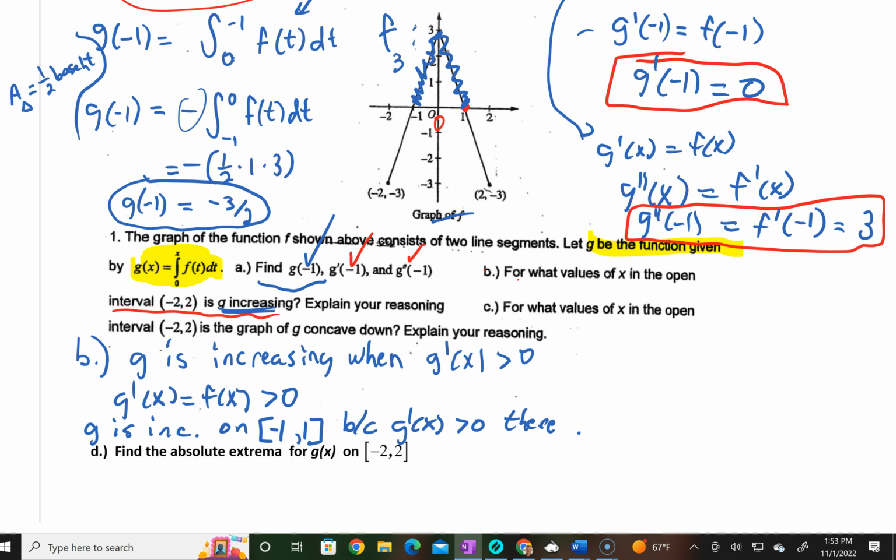Yes? Well, then it would be negative 2 to negative 1 and 1 to 2. Yeah, but wouldn't it say that 1 is both decreasing? Oh, yeah, I know that's upsetting, because technically what kids will point out is they'll say at x equals 1, g prime, which is f, it's not positive, it's 0, right?